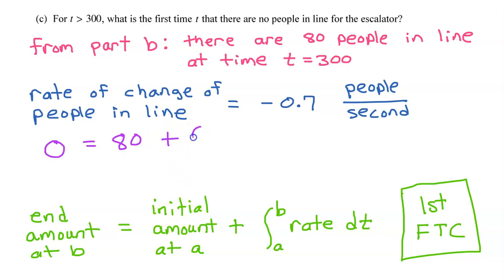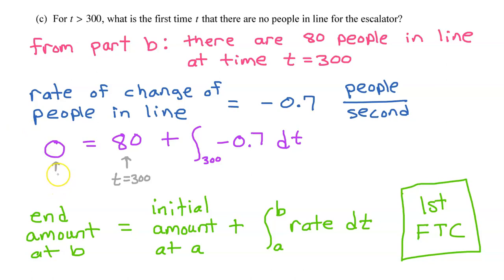Now, how about this integral? I'm going to integrate the rate, which is negative 0.7, a very simple function. But I'm going to integrate it from where to where. Our initial amount of 80 people is at time t equals 300. So that's going to be the start time. What about the end time?